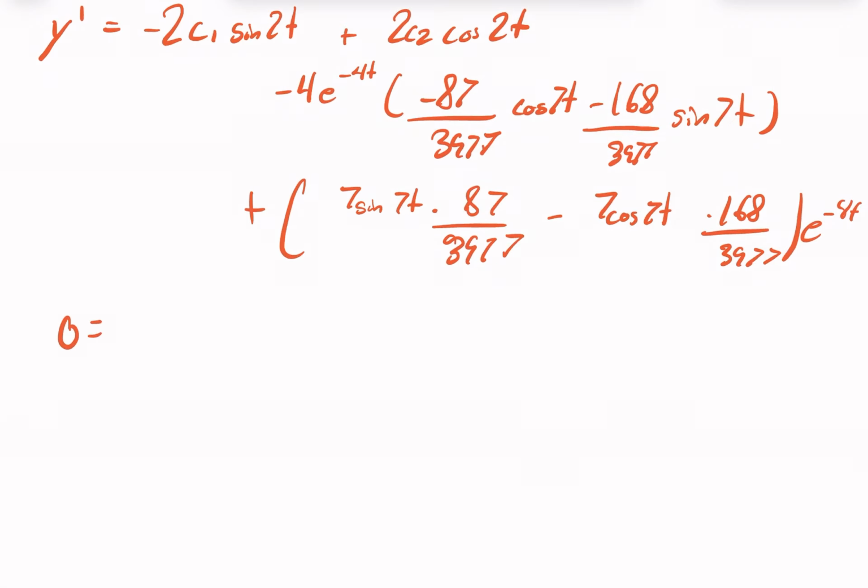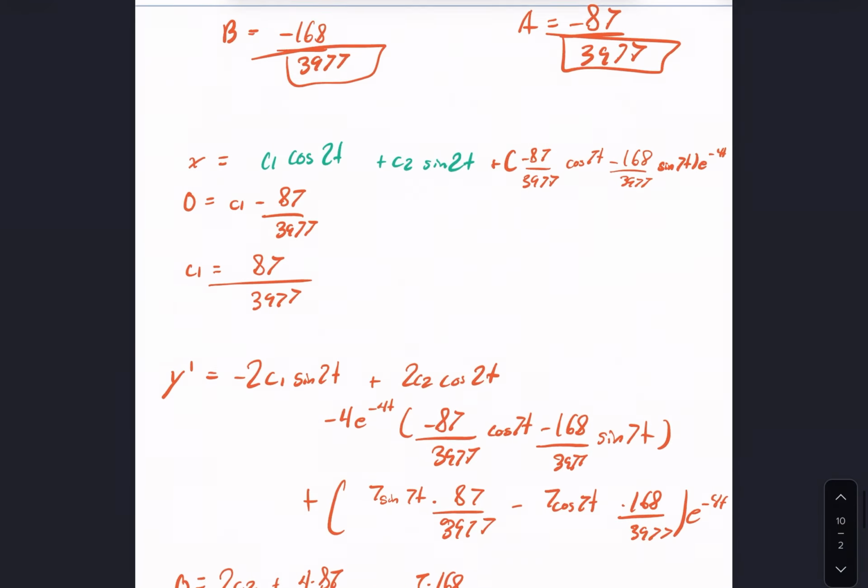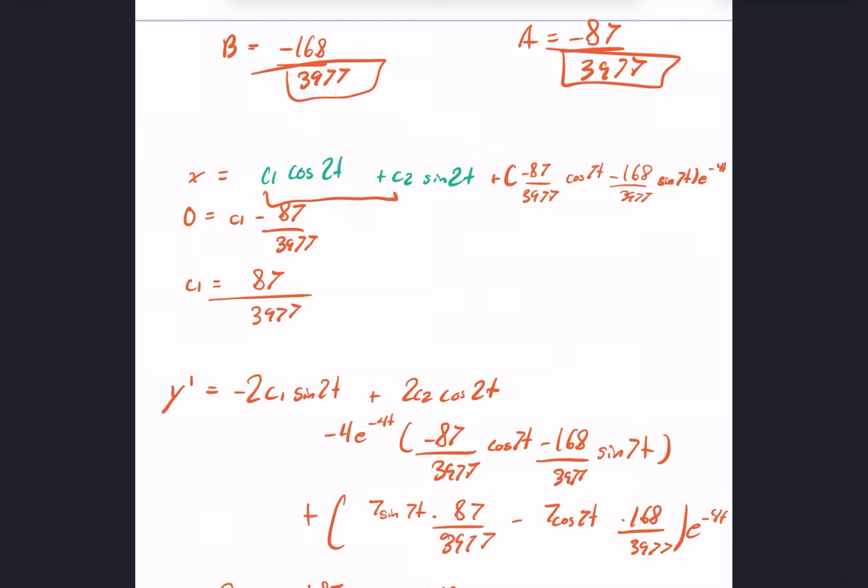So we isolate 2c2 plus 4 times 87 over 3977 minus 7 times 168 over 3977, and c2 equals 414 over 3977. And you plug your c1 and c2 back into this equation, and you will be just fine.